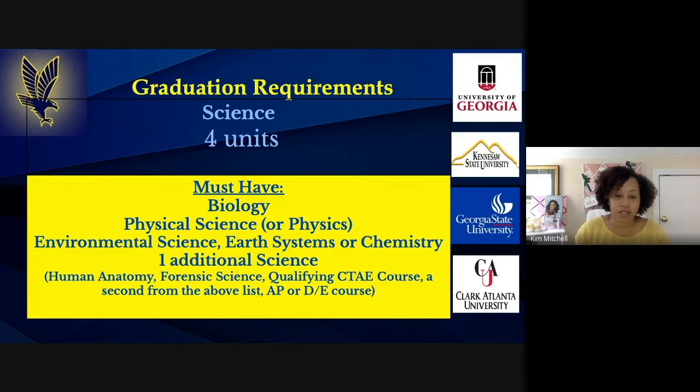Well, you could take earth systems your senior year or chemistry your senior year. But you have to have biology, physical science, either earth science, environmental science, or chemistry, and 1 additional science. And those are listed below. Human anatomy, forensic science. Some CTAE classes count as a 4th science. So if you're confused about that, definitely talk to me or your counselor. 4 science.